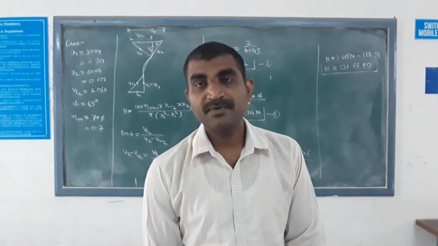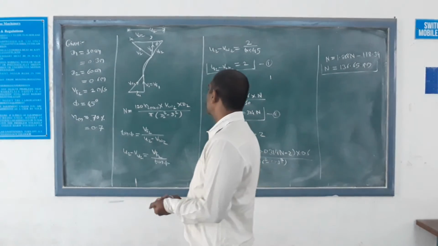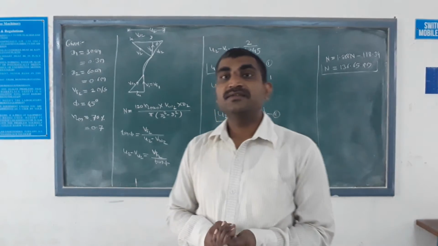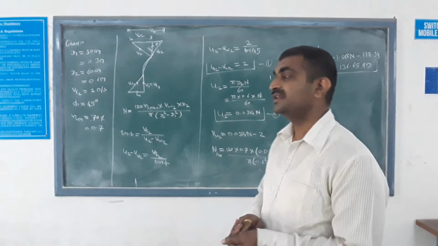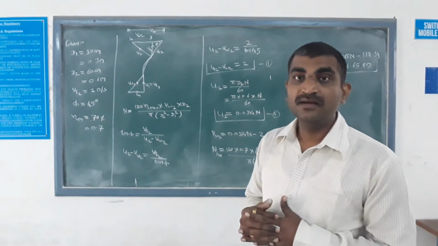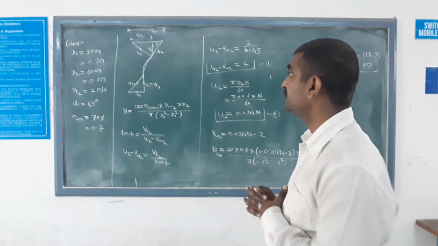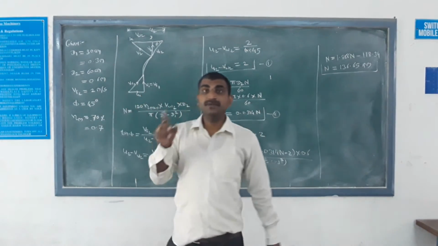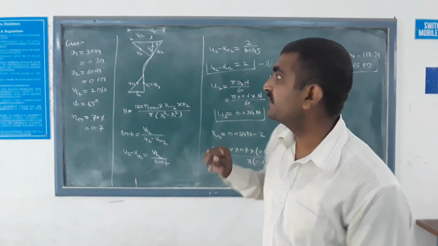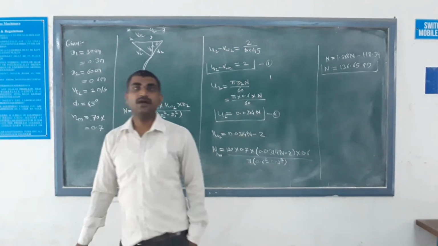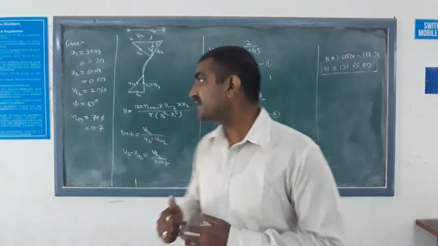See, in this problem, this data is given for a centrifugal pump. We are asked the minimum starting speed of the pump. We are given the inlet and outlet diameters D1 and D2, and V2, the velocity of flow at outlet.